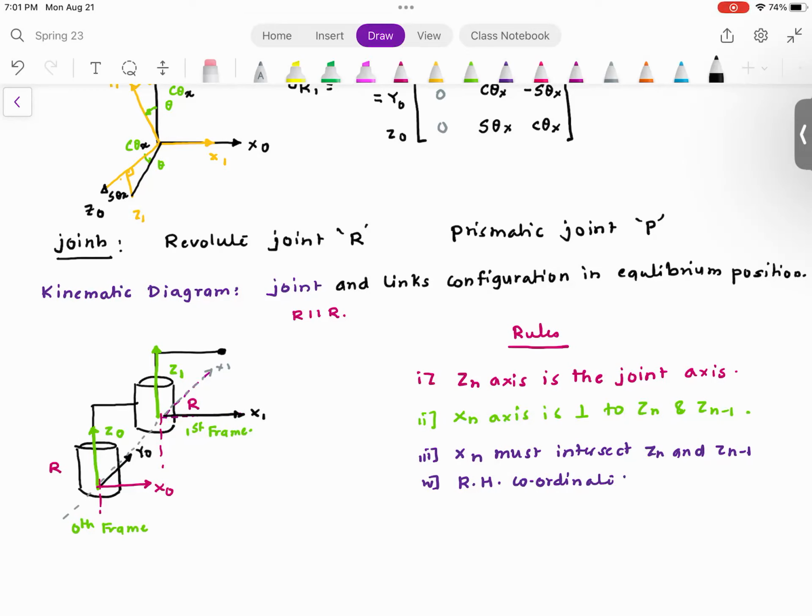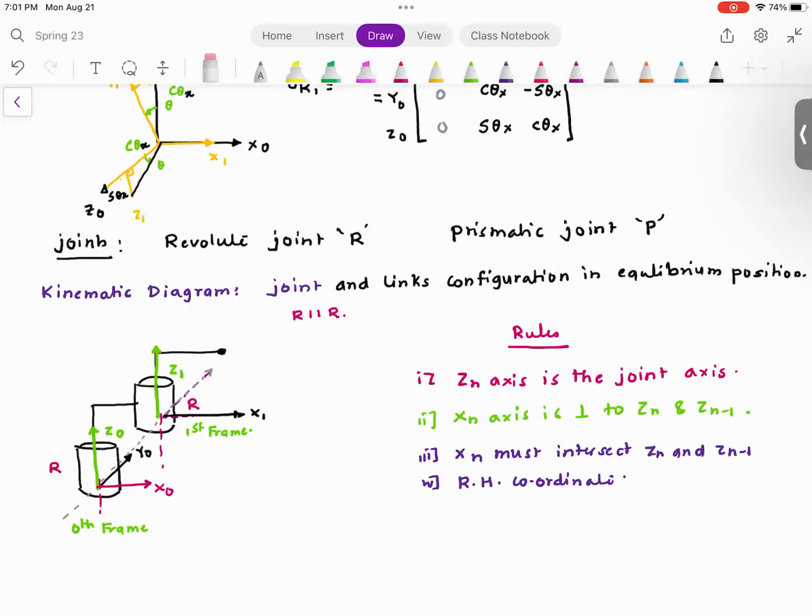Can I take the direction of X1 in the negative, this direction towards the left hand side? Yeah, absolutely. But let me tell you a trick. Whenever you are drawing a coordinate frame, if your next coordinate frame is in the same direction as the previous coordinate frame, then you don't have to worry about the projection matrix.